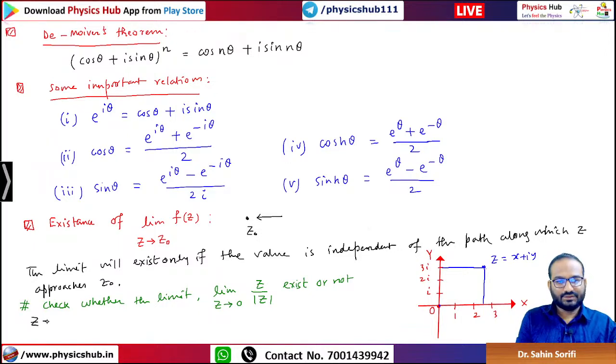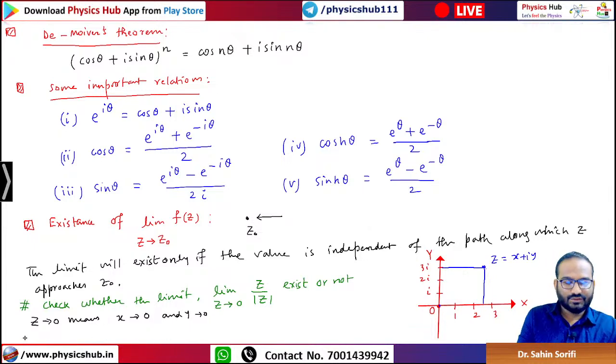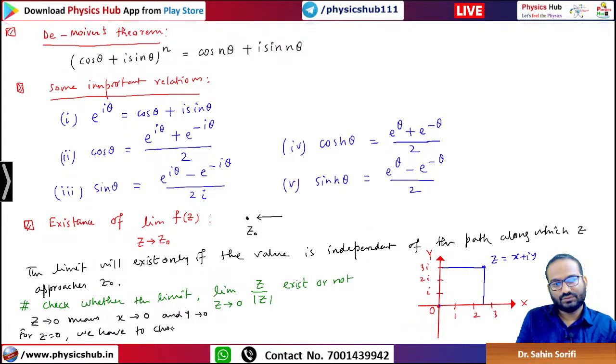So z tends to 0, what does it mean? Limit does not exist. Okay, let's see. It means you are approaching towards x tends to 0 and y tends to 0, right? So for z equals 0, we have to choose a path through the origin.